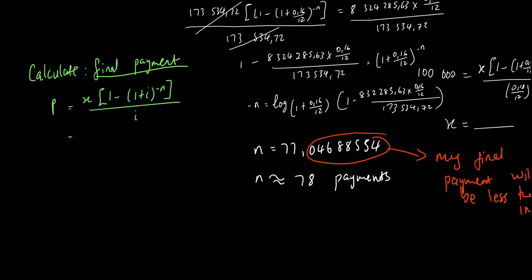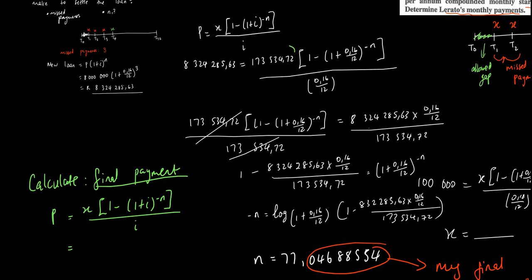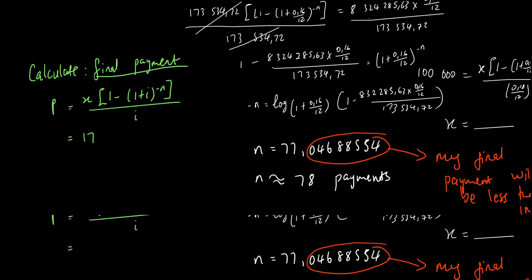So now you're going to use your monthly installment as your X, so it's going to be 173,534.72, and i is 0.16 over 12.